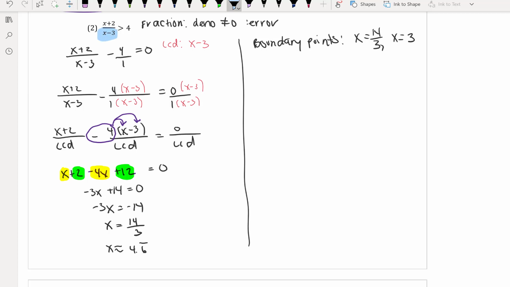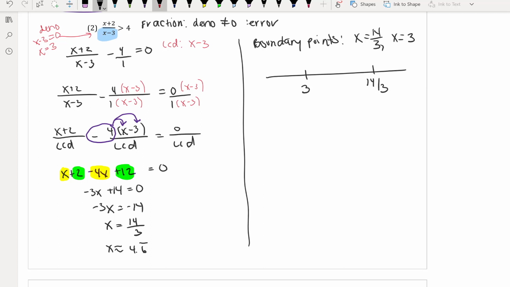Well, it comes from my denominator. So if x minus 3 is equal to 0, x equal to 3 is also a boundary point. So I want to be careful about that. So if I have 3, that's here, and that 14 thirds is about 4 point something. So let's just put that over here. It can be spaced out, that doesn't matter.